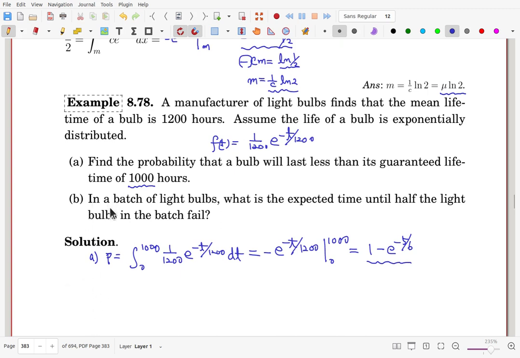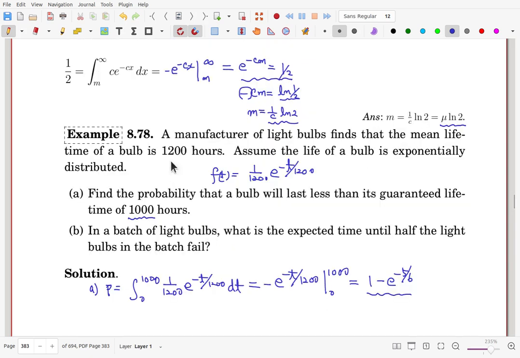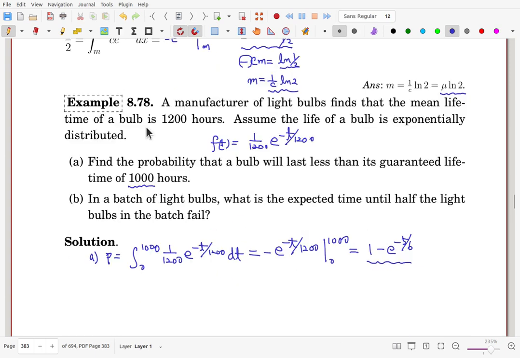Part B: in a batch of light bulbs, what is the expected time until half the light bulbs in the batch fail, which means we have to find the median. To find the median, one may use either one of these equations.